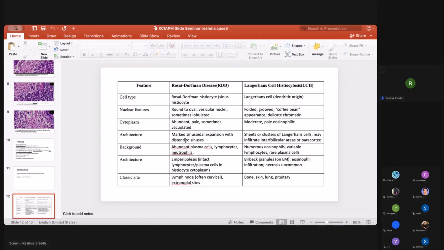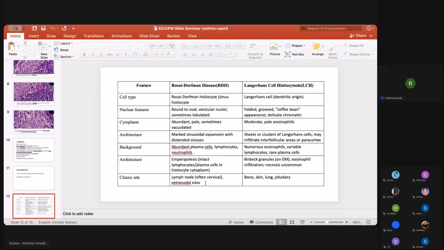In RDD, the architecture is marked sinusoidal expansion with distended sinuses in a background of abundant plasma cells, lymphocytes, and neutrophils. But in LCH, there are sheets or clusters of Langerhans cells which may infiltrate interfollicular areas or paracortex in a background of numerous eosinophils, variable lymphocytes, and rarely plasma cells. RDD shows emperipolysis, and in LCH, numerous Birbeck granules are seen.